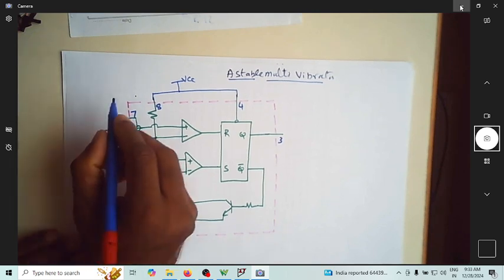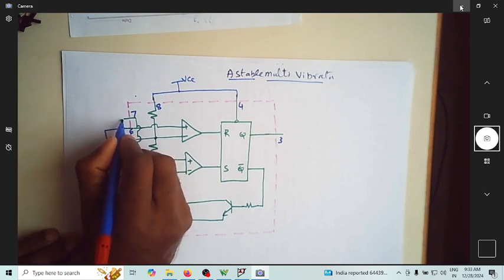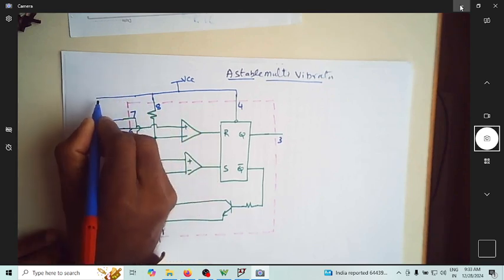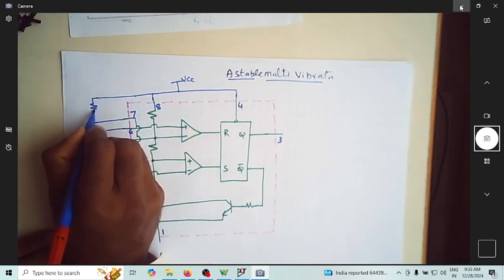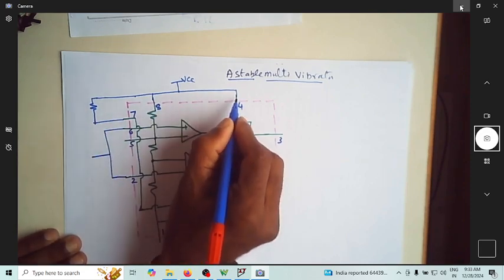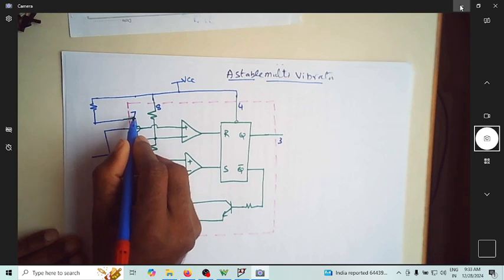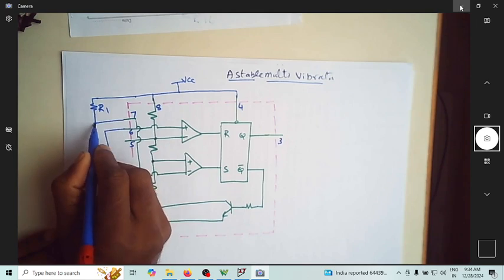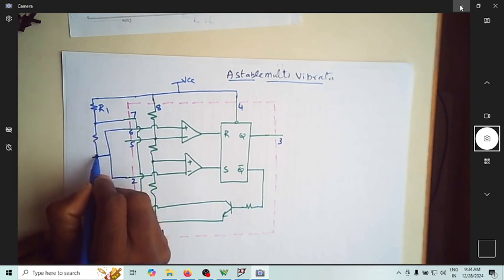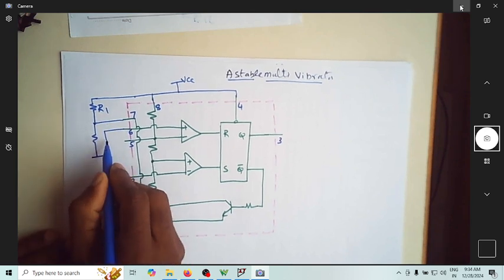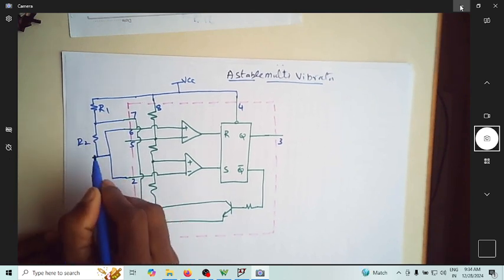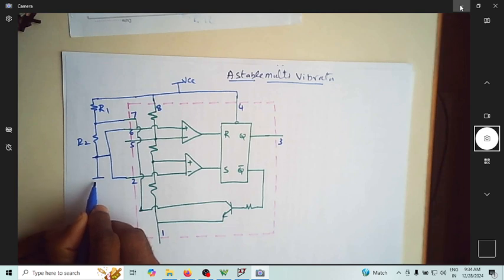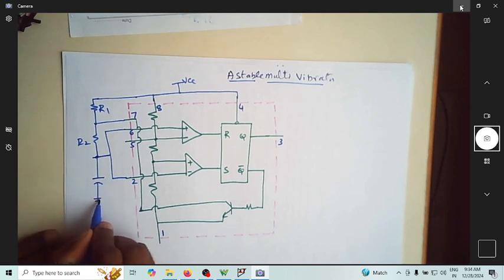This is my shorted point, and let me extend pin number 7 here. From VCC, you connect a resistor named R1 to the discharge pin, and there is a resistor connected from pin number 7 to the junction of 6 and 2. Let me call it R2, and there is a capacitor now connected from that junction to ground.